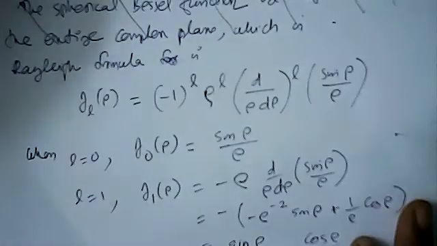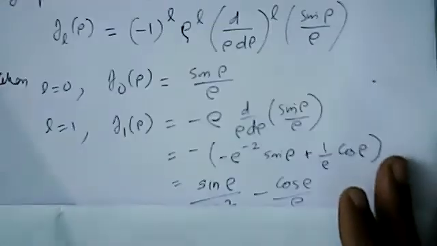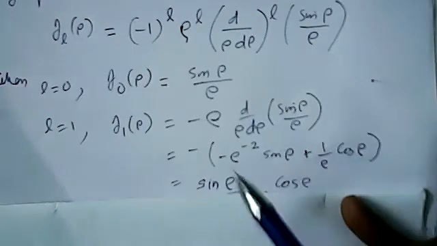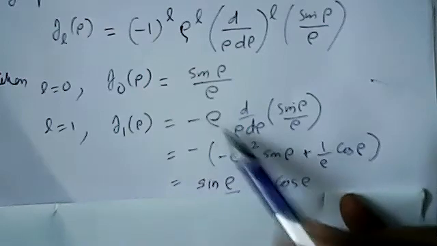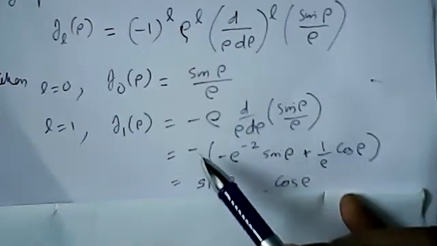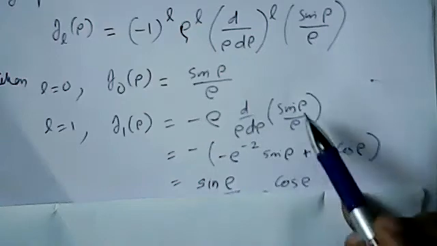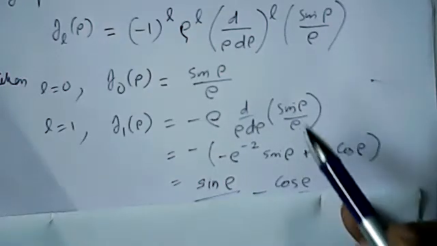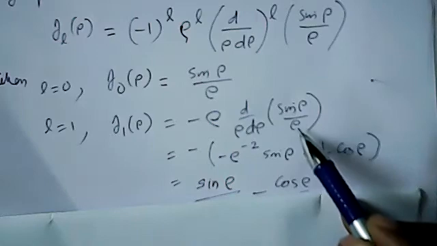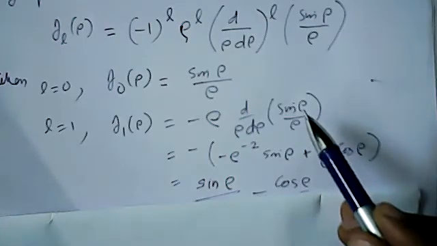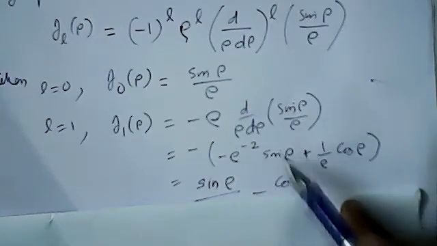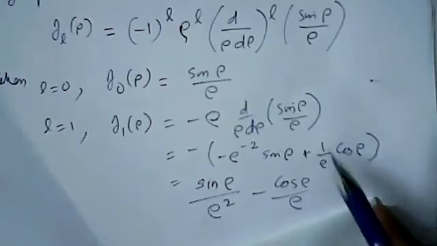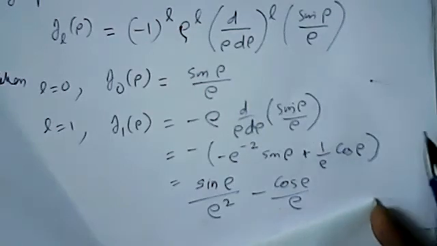Now simplify this. The rho and rho cancel, so the minus sign stays, then d by d rho of these two, differentiating by parts: rho to the power of minus 1 differentiates to minus rho to the power of minus 2, times sine rho, plus 1 by rho times the derivative of sine rho, that is cos rho.